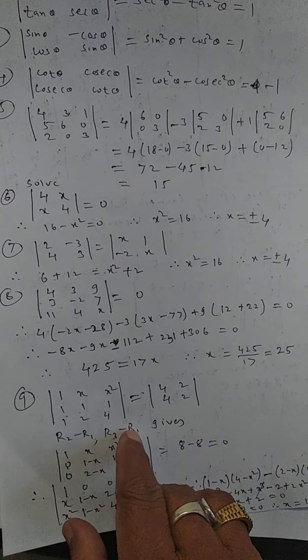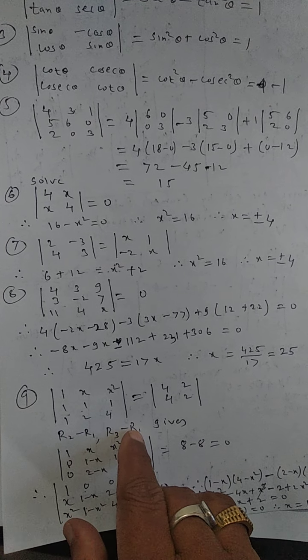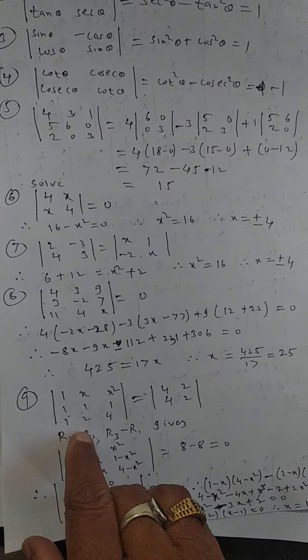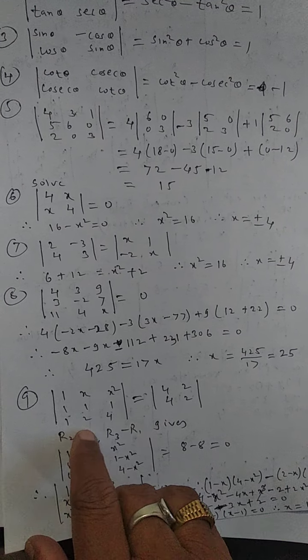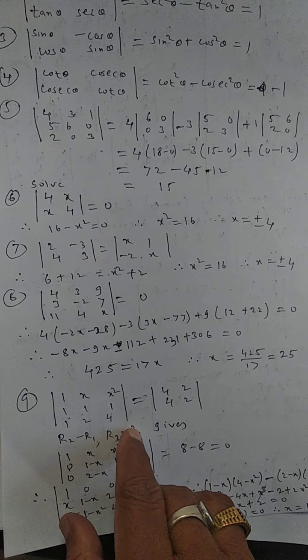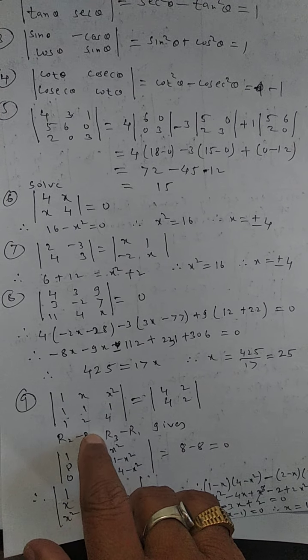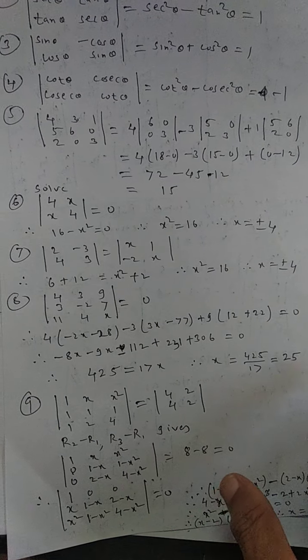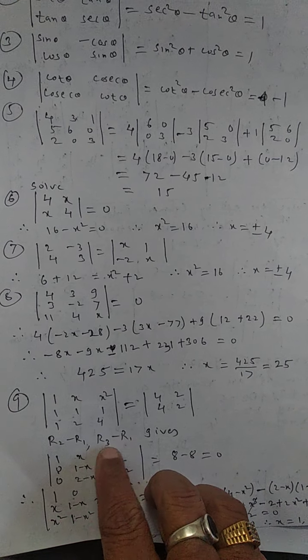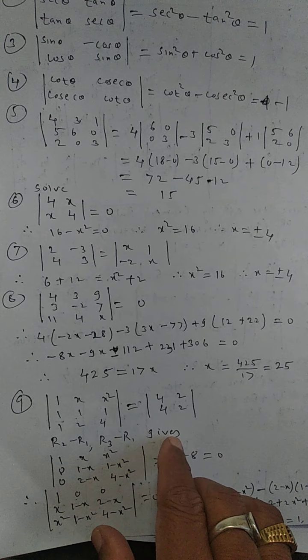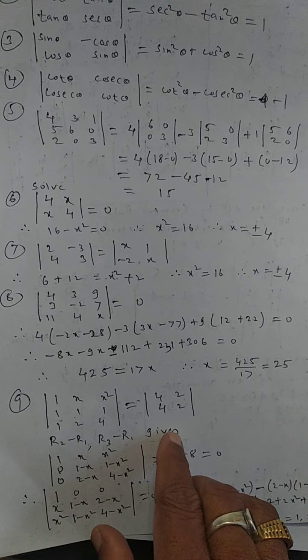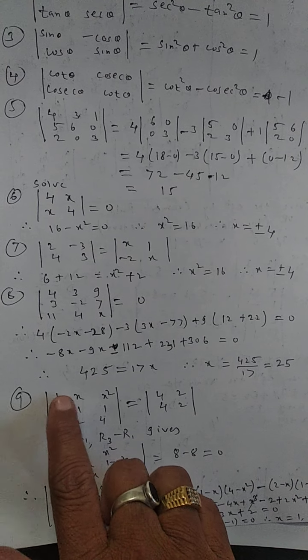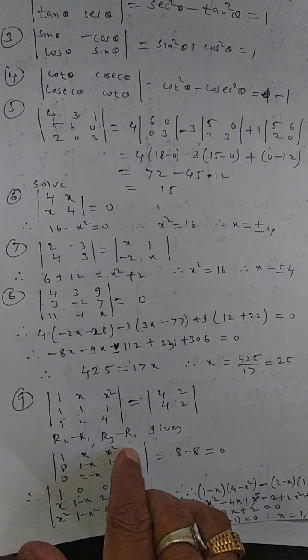These two operations we can perform in one step, because for these two steps there is no change in R1. R2 and R3 will change, but R1 remains the same. So 1, x, x square, there is no change.